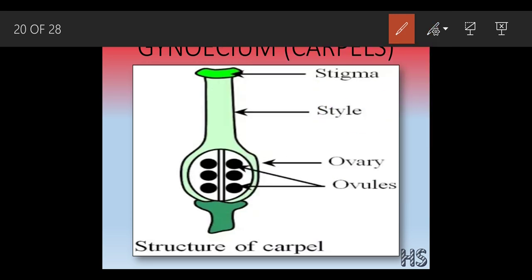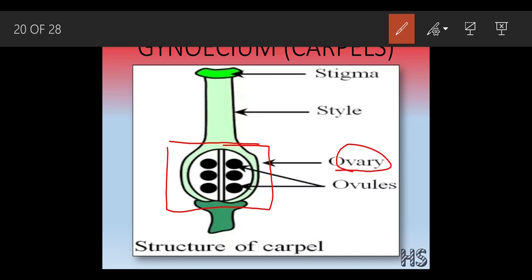Now this ovary, what is this ovary? If you see the shape of this ovary, this part, it is a swollen basal portion composed of one or many carpels. There can be one ovary or there can be many. It will depend upon the carpels.